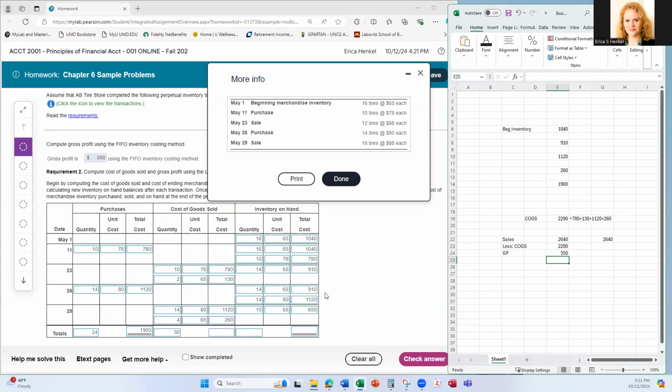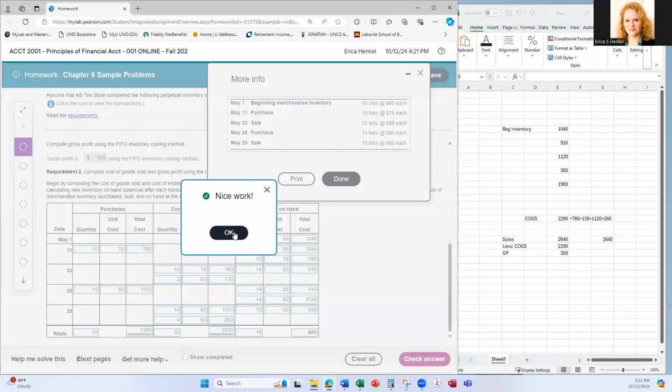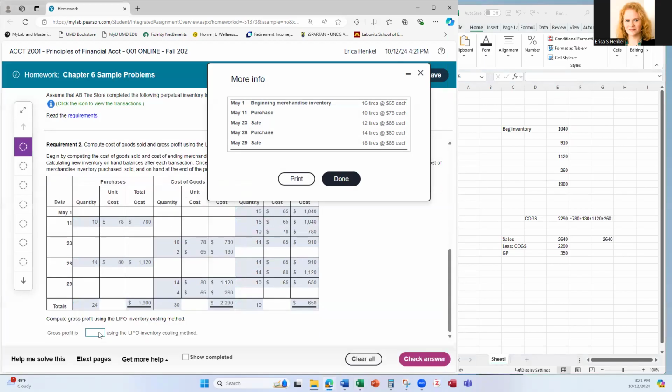Okay. I'm going to mark my total cost, I didn't record that. That's $2,290 with 10 left, valued at $650. And then gross profit, which we just calculated, was $350. Okay.